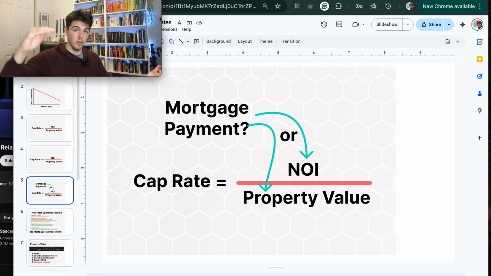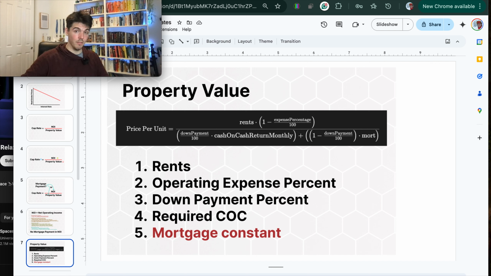Going back to the denominator of this equation, property value: the value of a property on a per unit or per square foot basis is given by this equation. It is a function of the rental income, the operating expense percentage, the down payment percentage, the required cash-on-cash return for the investors, and the mortgage constant.